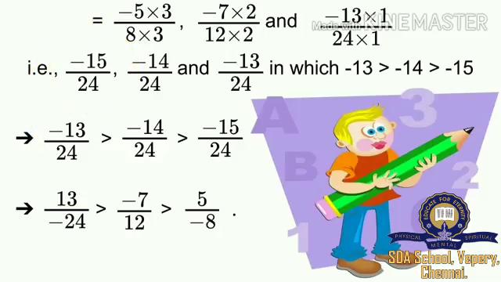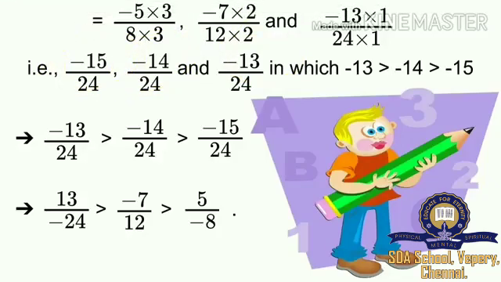If we multiply minus 7 into 2, the answer will be minus 14, and 12 into 2, the answer will be 24, and minus 13 into 1, the answer will be minus 13, 24 into 1, the answer will be 24. So minus 13, minus 14, and minus 15 is the answer we are getting.